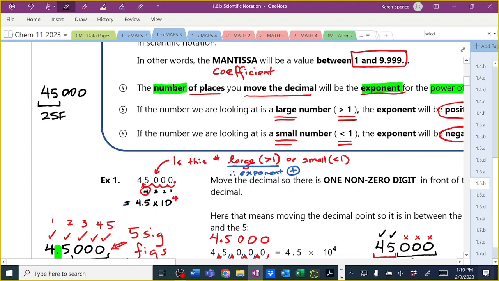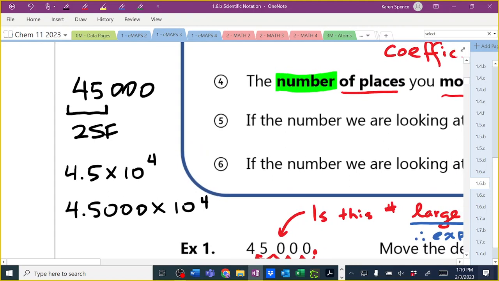So if I gave you 2 choices for an answer, one of which was 4.5 times 10 to the 4, and one of which was 4.5000 times 10 to the 4, which of those 2 would be the correct answer? The first one, 2 sig figs. This one has 5 sig figs. This one would be correct, and this one would be wrong. Okay?